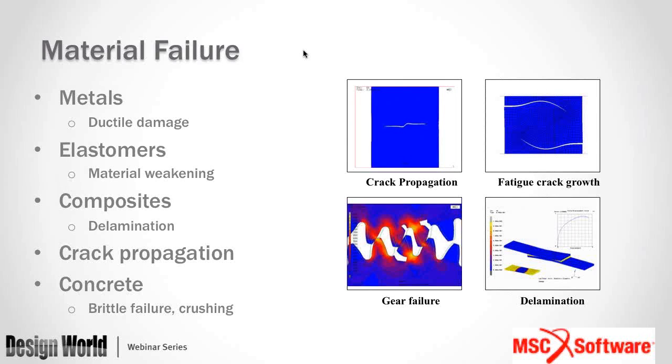For example, ductile damage is a very common mode in some metals, whereas elastomers undergo continuous damage that can weaken the materials. The composite materials experience several modes, which could include delamination, fiber pullout, and crack propagation, which could go across multiple layers.